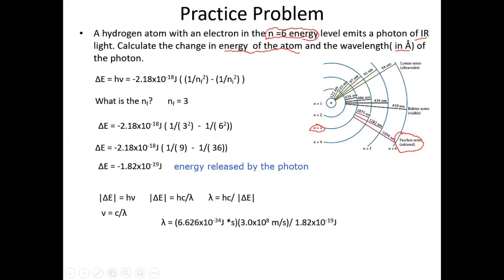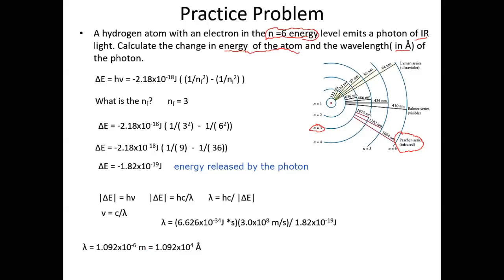So we plug it in. We calculate the wavelength in meters, and then we convert it to angstroms. So it's 1.092 times 10 to the negative 6 meters, and we get 10 to the 4th angstroms.